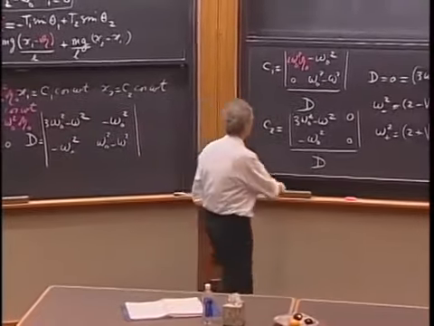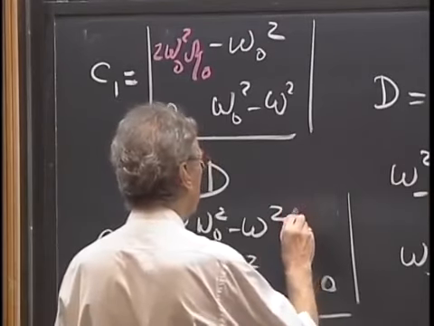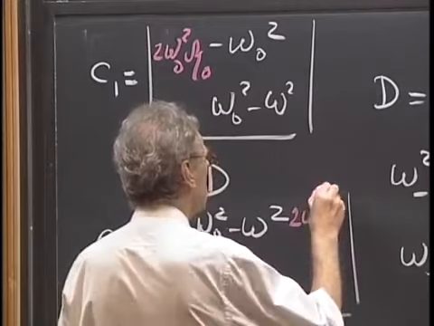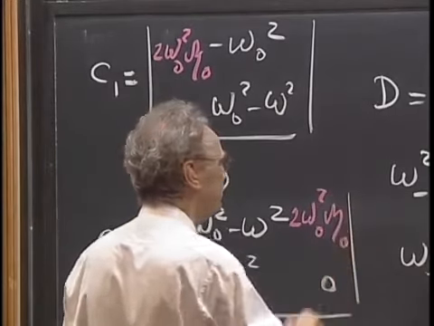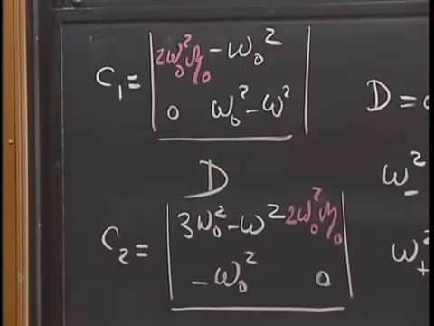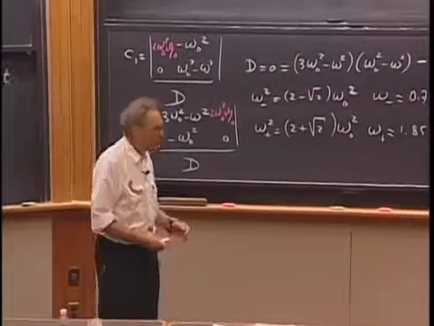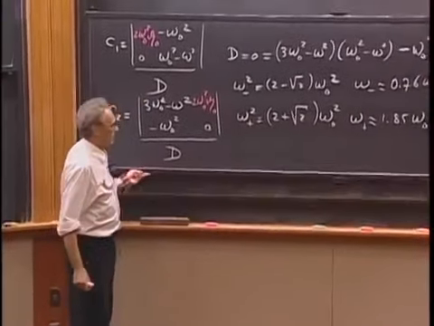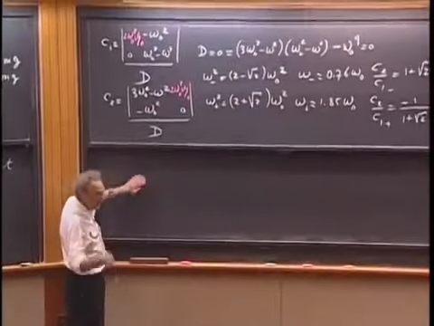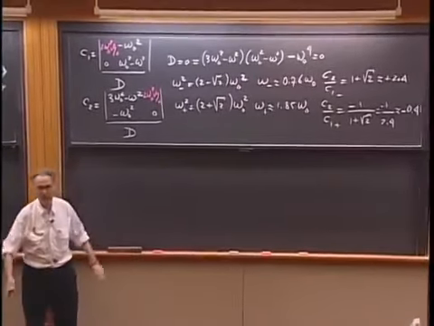And so here, we get then also 2 omega 0 squared times eta 0. And so now, we can solve for C1 and C2. We get an answer. Not just a ratio only, we get an answer. We know exactly what C1 is going to be, and we know exactly what C2 is going to be.